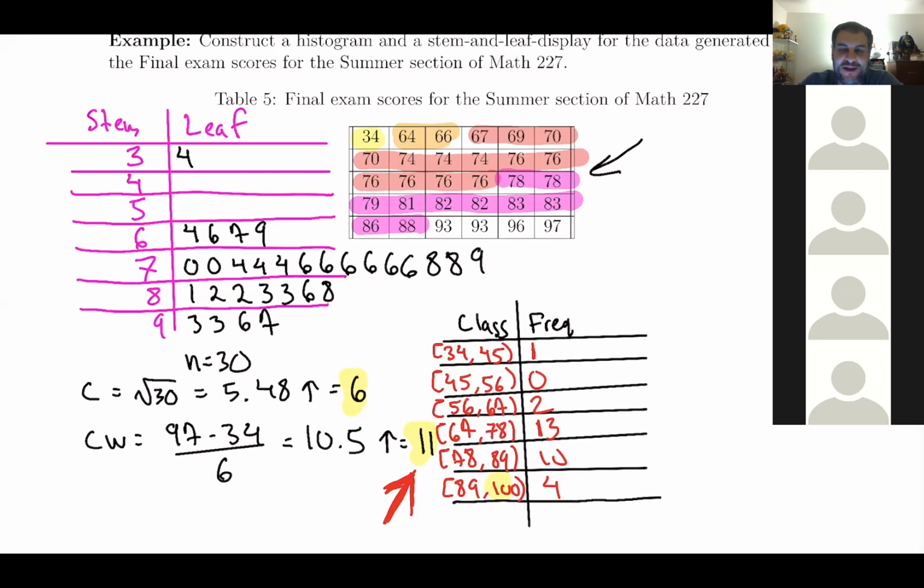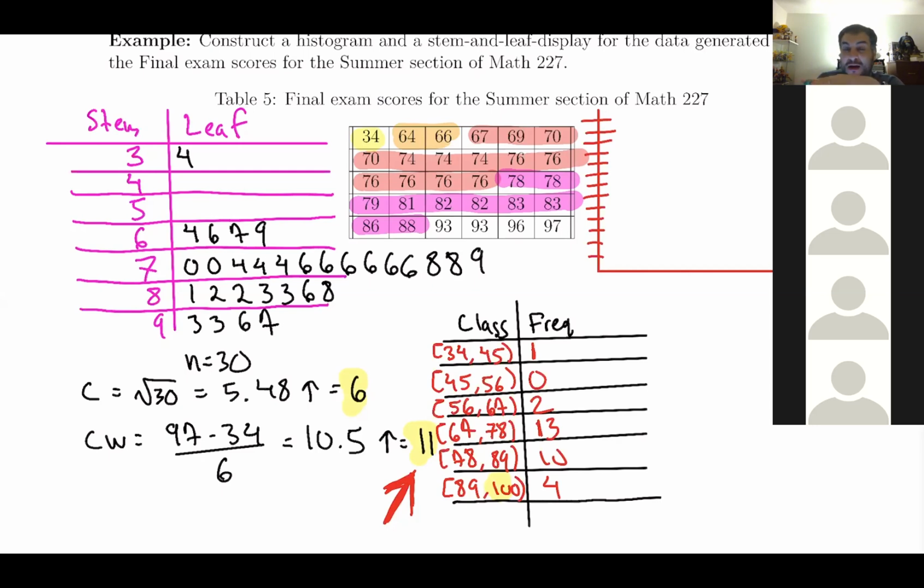So now we could go ahead and do our histogram. If you look at the frequency, the highest frequency that we have is 13. So make sure that it could go up to 13. So that's 1, 2, 3, 4, 5, 6, 7, 8, 9, 10, 11, 12, 13.